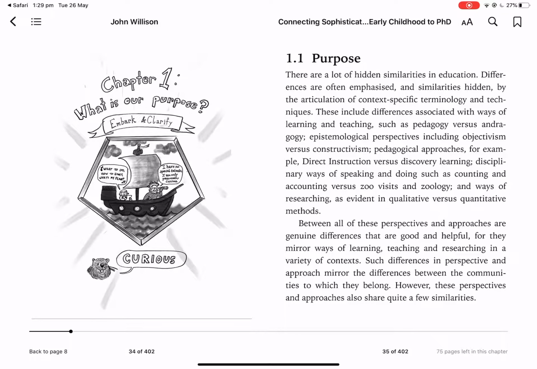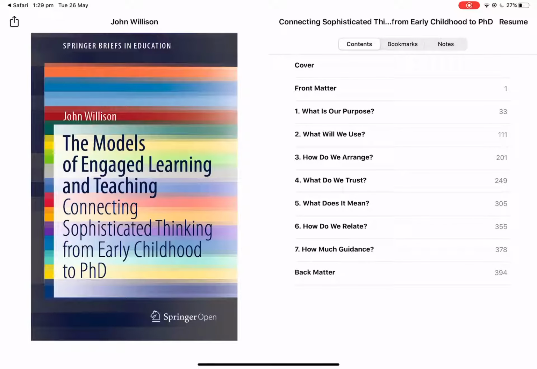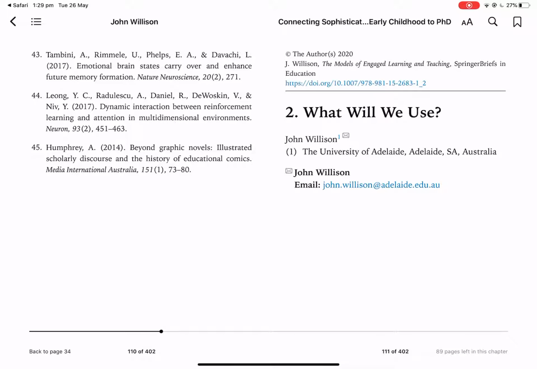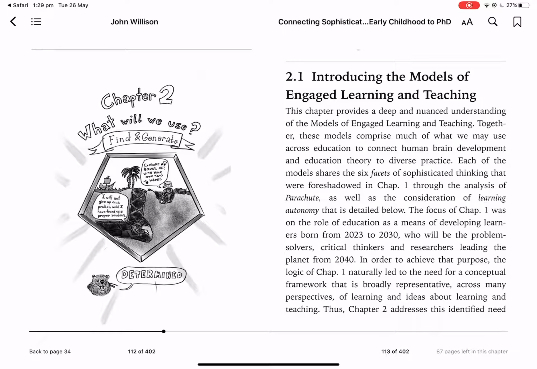So, Chapter 2 focuses on what will we use if we've got this purpose, what do we need, what information, what sources, what do we have to generate data, what methodologies, is there equipment we need to access, all sorts of things, and to actually find quality information or generate useful data.